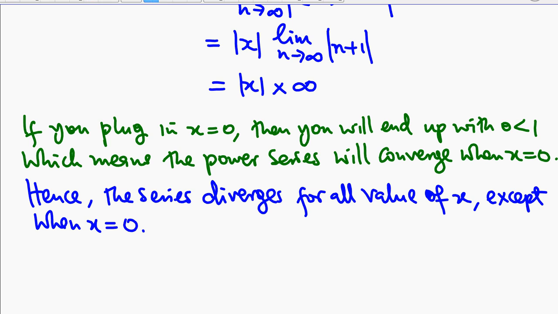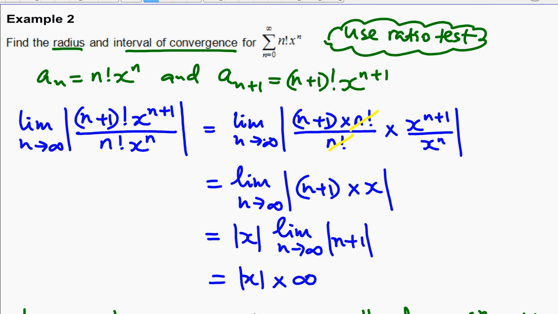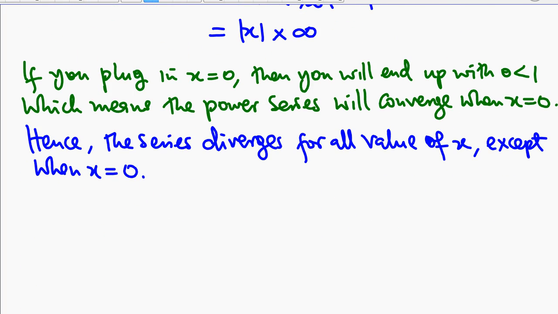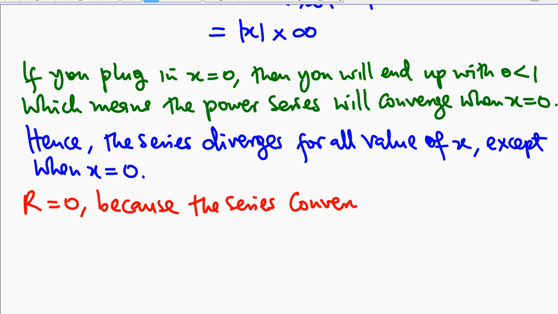And because the series is just converging at one point, the radius of convergence will be equal to 0. So we'll add another statement and say, okay. All right.